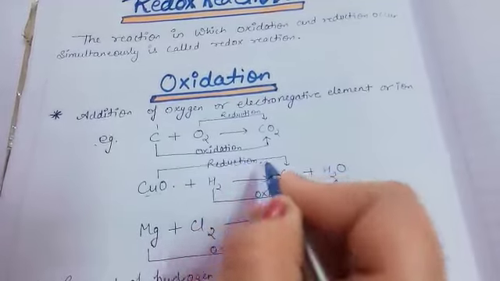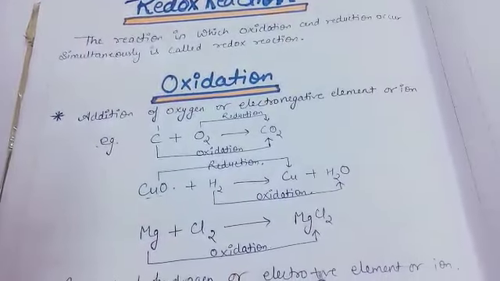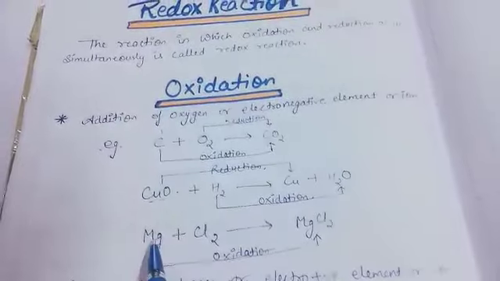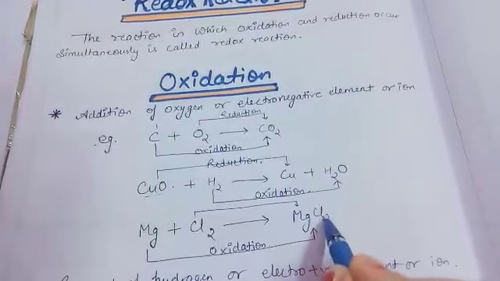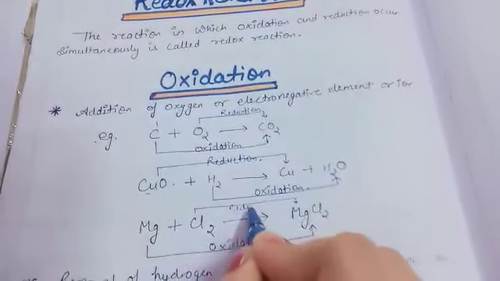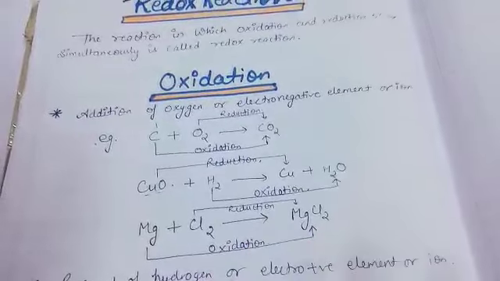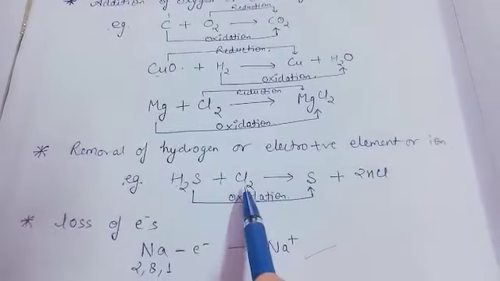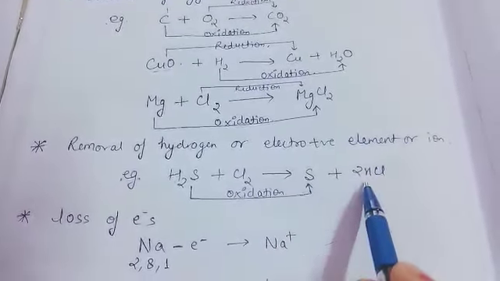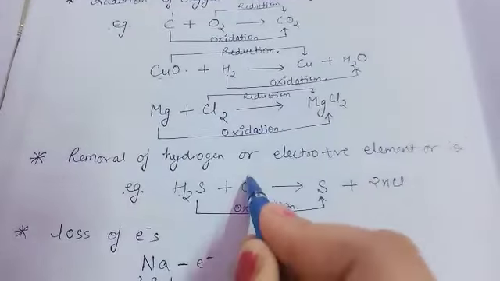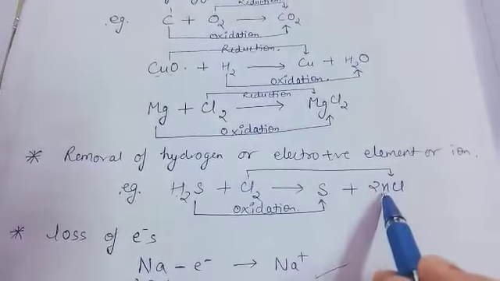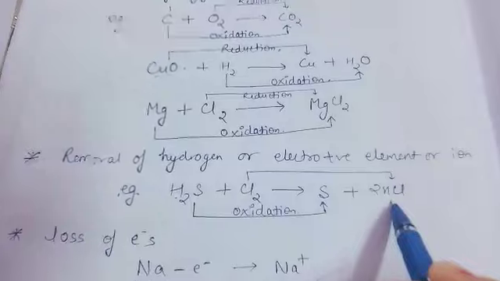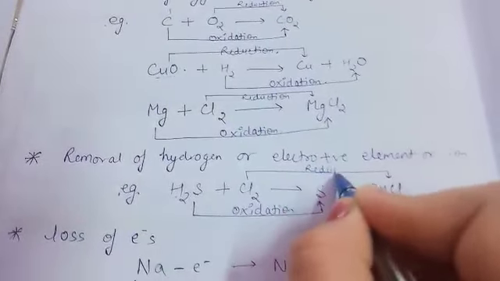All definitions opposite to oxidation are reduction. Now Cl2 becomes MgCl2, so this one is reduction, because of addition of electropositive element. Next, H2S plus chlorine becomes sulfur plus HCl. Here chlorine becomes HCl, so addition of hydrogen and removal of electronegative element is known as reduction.